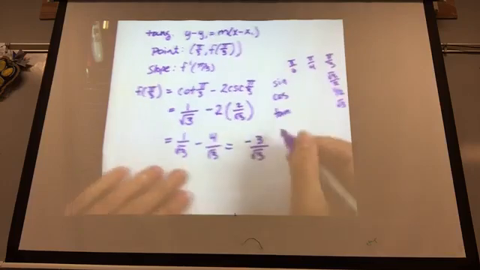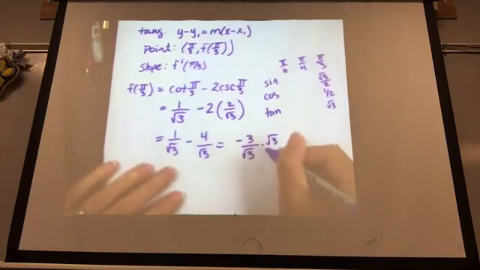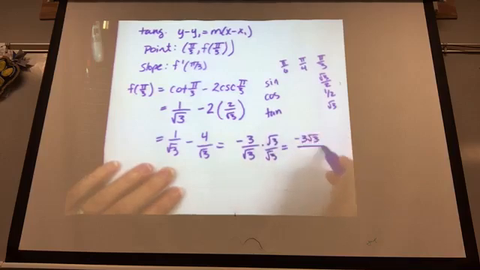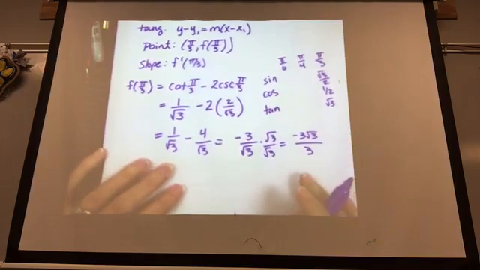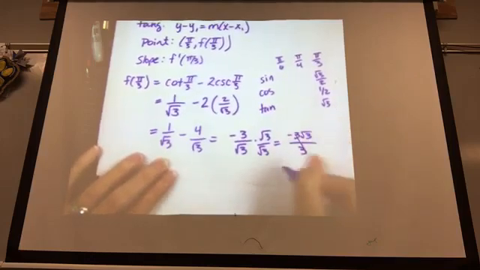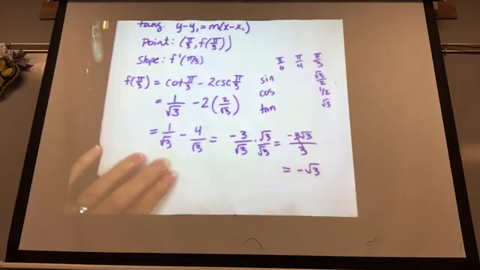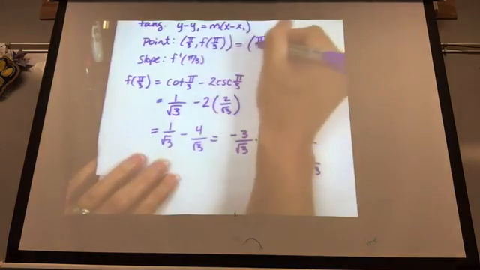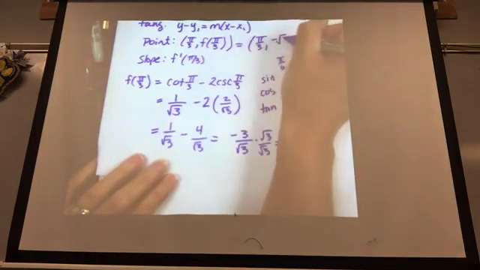Which if I multiply that by the radical, we get negative 3 square root of 3 over 3, which simplifies just to negative square root of 3. So that's the y value in my point. So I can go up here and write my point as pi over 3 comma negative square root of 3.